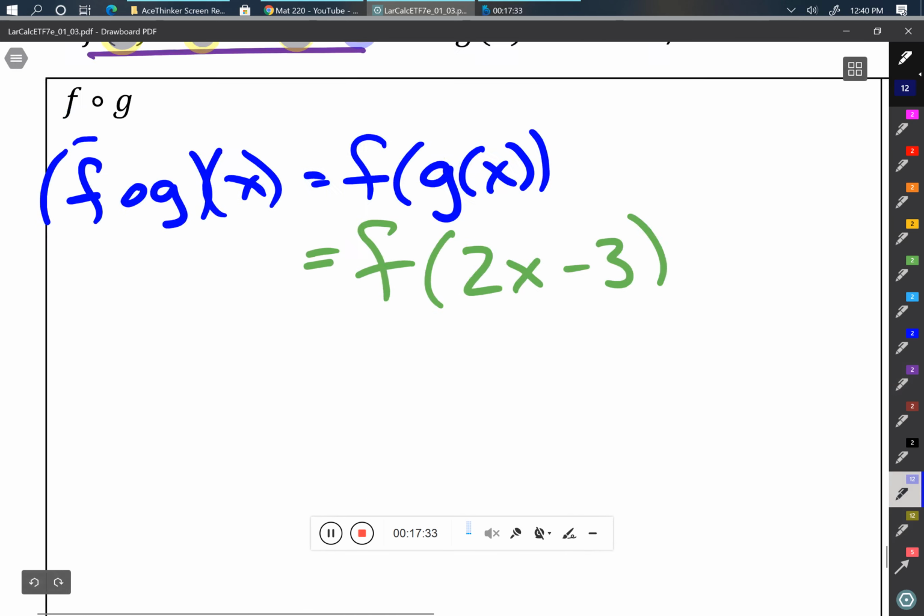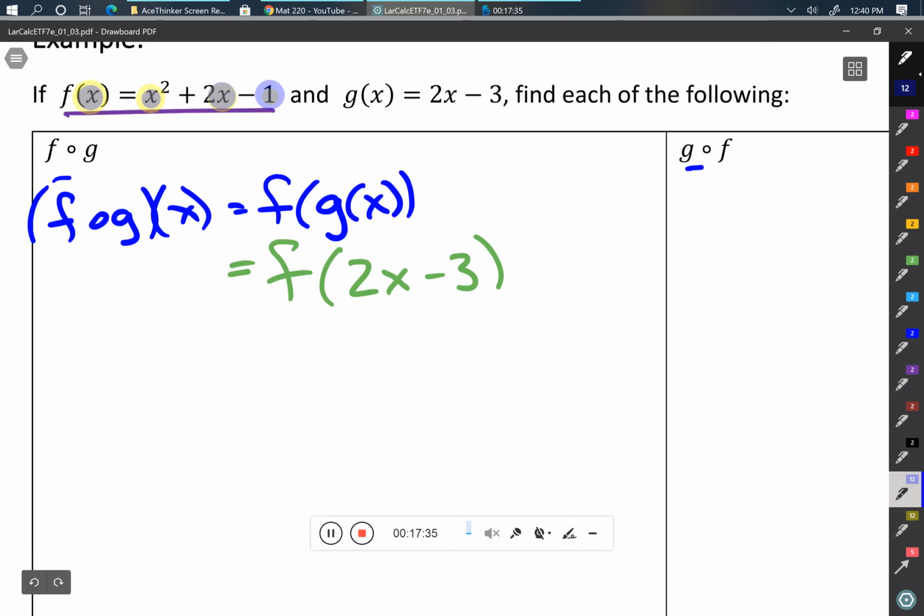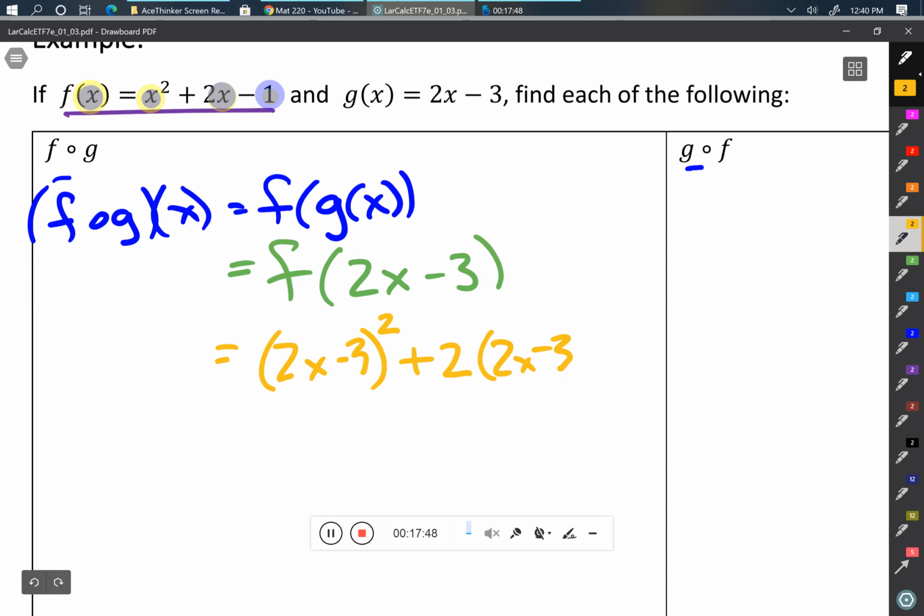So what is in the parentheses? Well, 2x minus 3 is in the parentheses. So 2x minus 3 needs to be squared. 2x minus 3 needs to be multiplied by 2 and then have 1 subtracted from it.